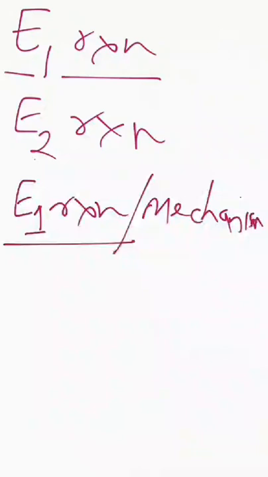So, E1 reaction or E1 mechanism. The name of this reaction comes from the fact that the rate of this reaction only depends on the concentration of alkyl halide, or only on the concentration of substrate. That's why it follows first order kinetics.